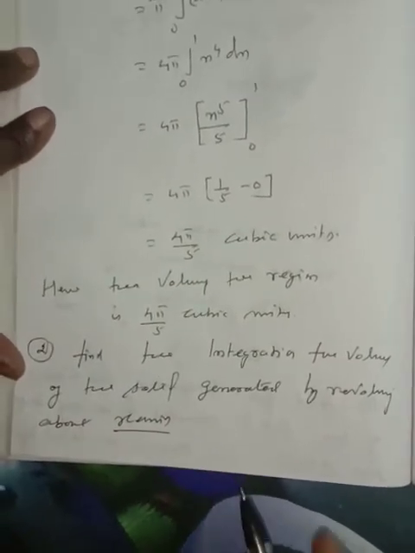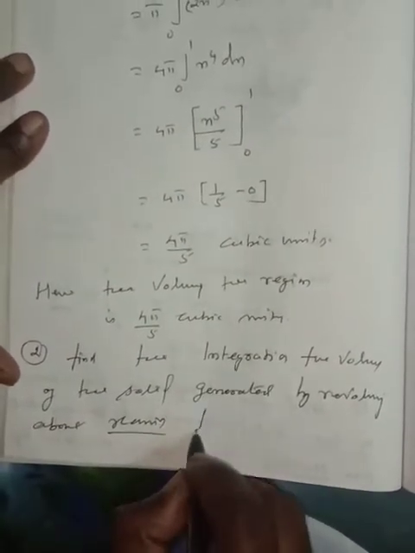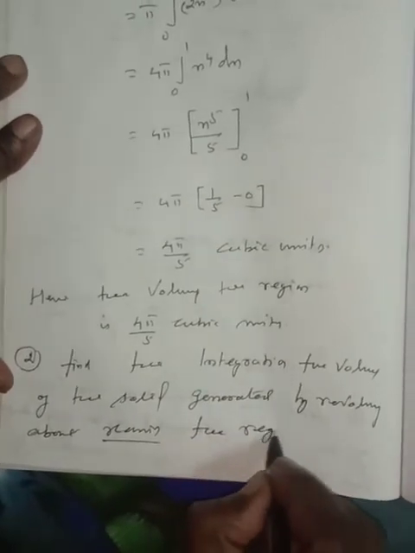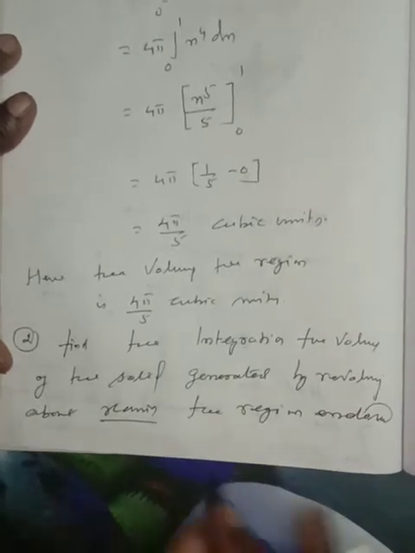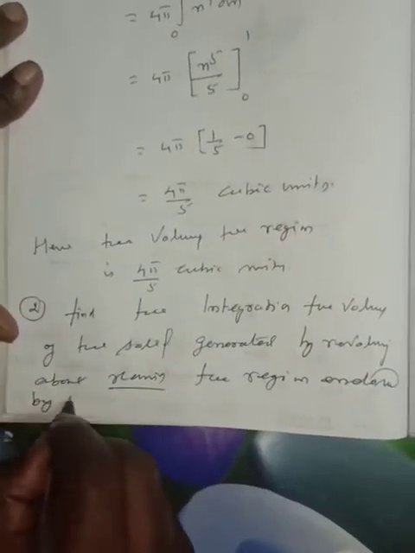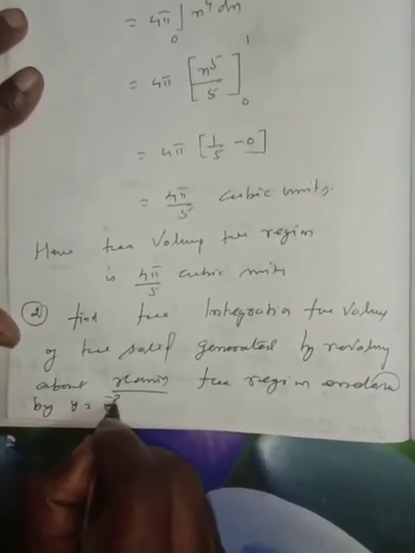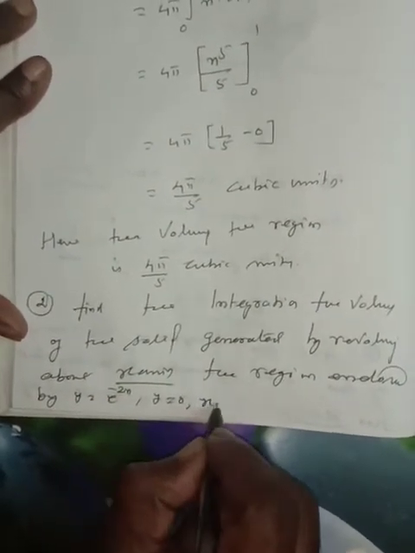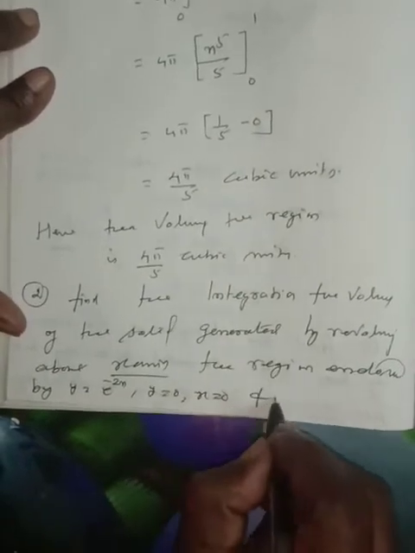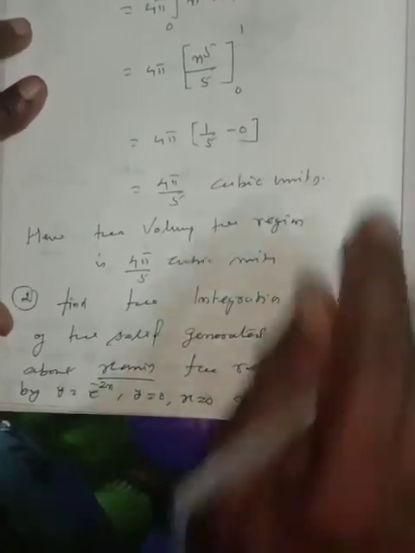Underline the word x-axis. The region enclosed by y is equal to e to the power of minus 2x, y is equal to 0, x is equal to 0 and x is equal to 1.